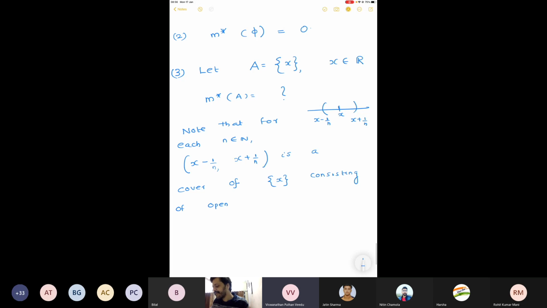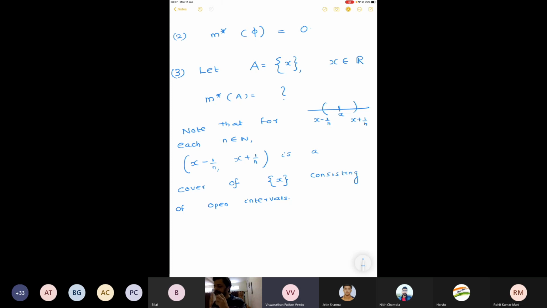A single open interval is enough. There is no need for many intervals. So one cover contains one open interval only. If you have one cover, then what you have to do is find the length of the intervals in that cover. Here there is only one interval, so the sum of lengths doesn't matter, only the length you have to find.